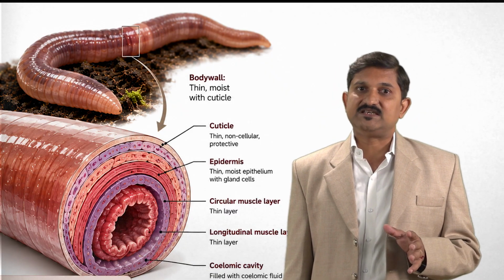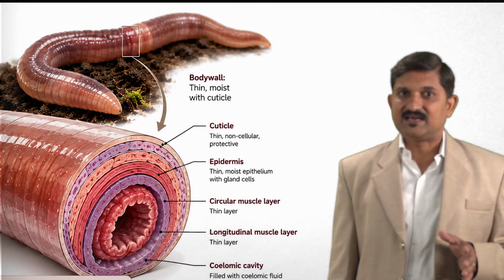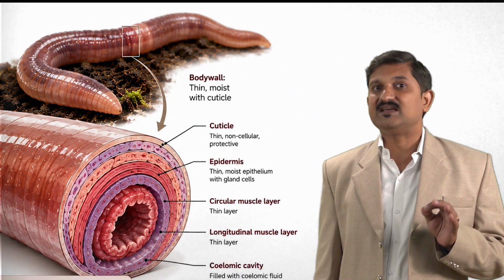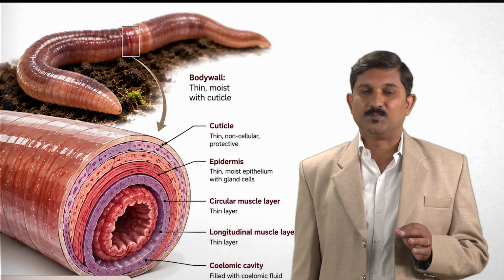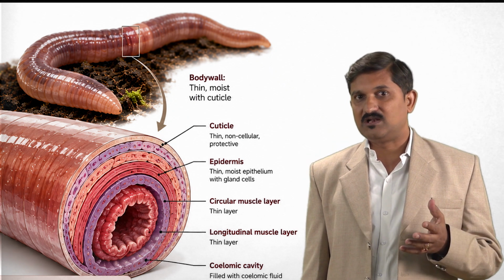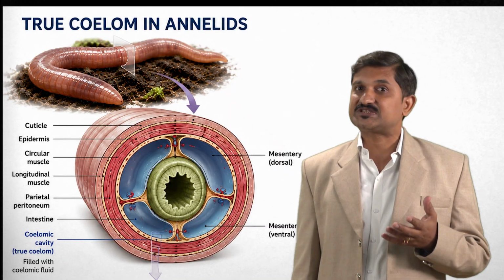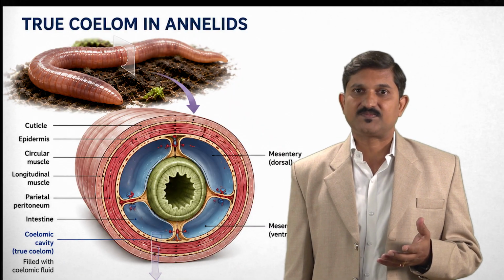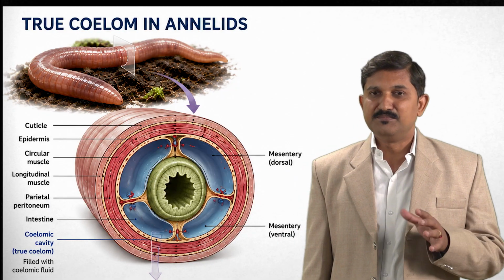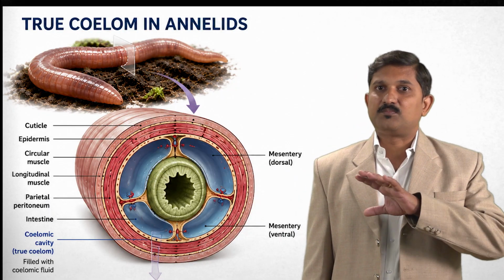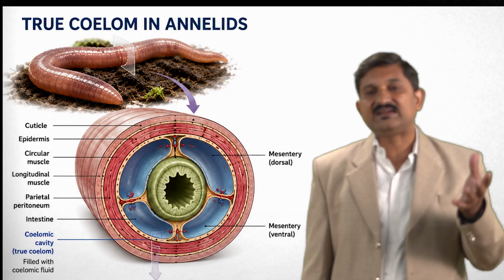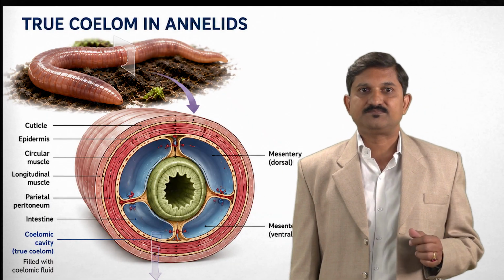The body cavity or coelom is present in the form of a true coelom. If you can recall, one would remember that in phylum Aschelminths a pseudocoelom was present. A true coelom means a coelom or body cavity completely covered by mesoderm.